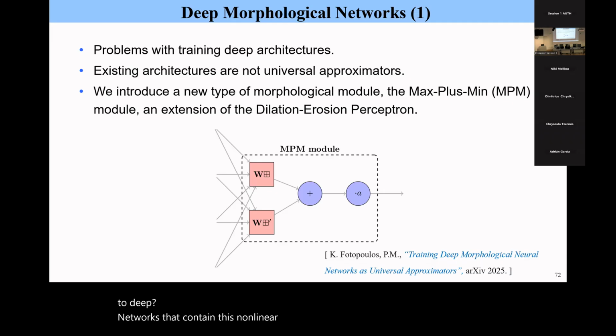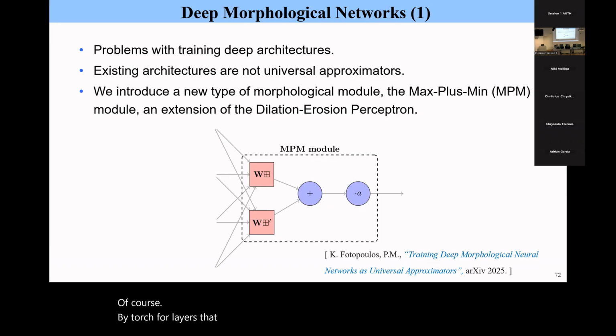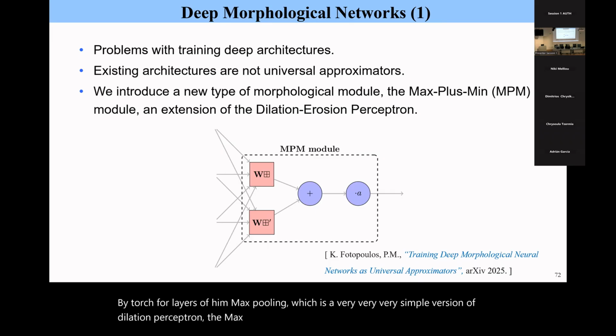It seems that there may be problems with training them, and we believe that this problem is due to their non-differentiability. Of course, PyTorch, for layers that have max pooling, which is a very, very simple version of a dilation perceptron, provides an answer. How? Well, it uses subdifferential.